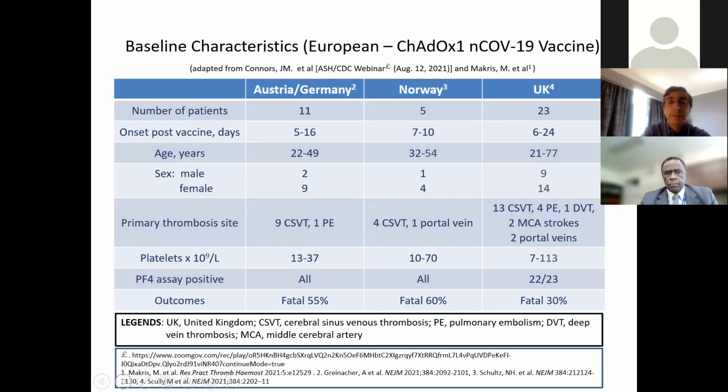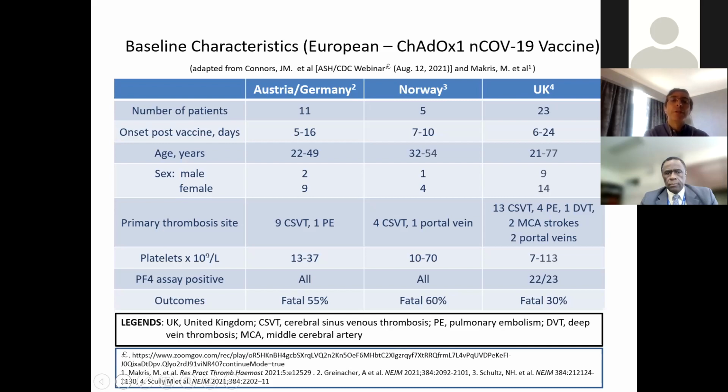Next slide, please. This is a summary of the European report of the initial cases that were published in the New England Journal over a time span of 1 week. So we have reports from Austria and Germany on column 2, Norway on column 3, and the UK on column 4. A little bit north of 40 cases.